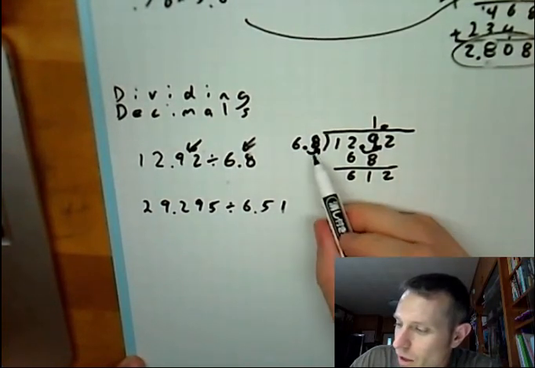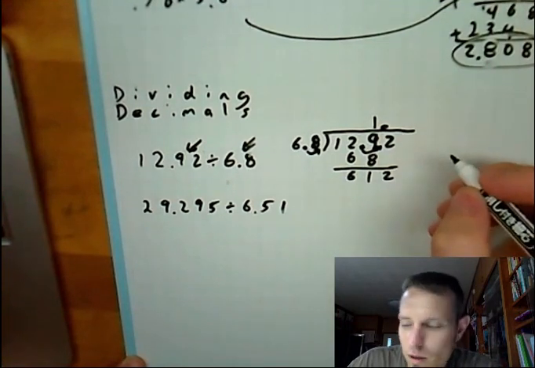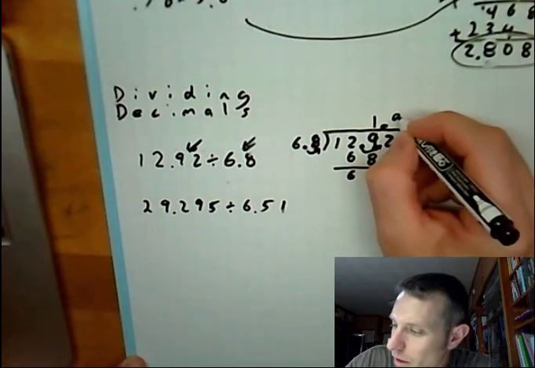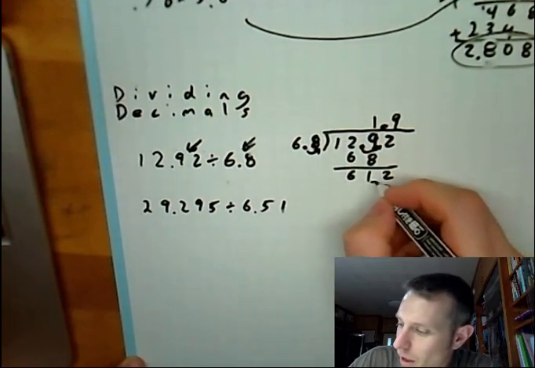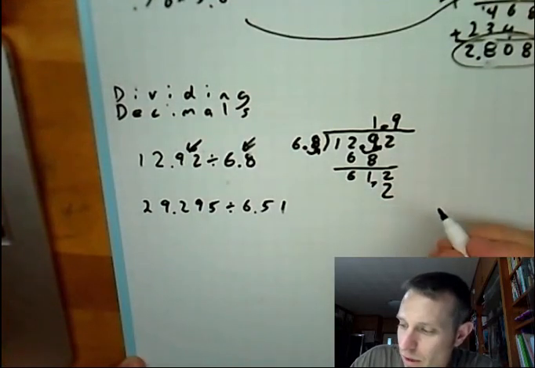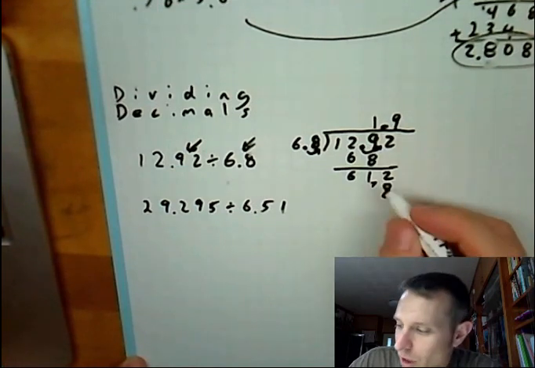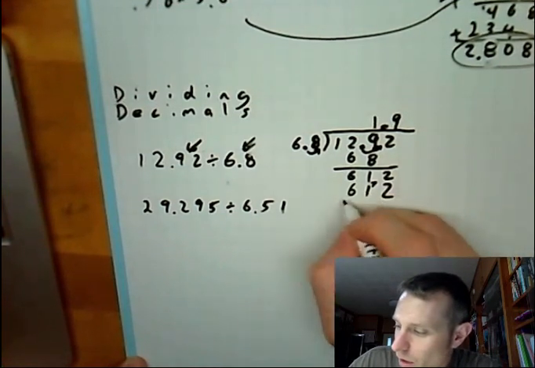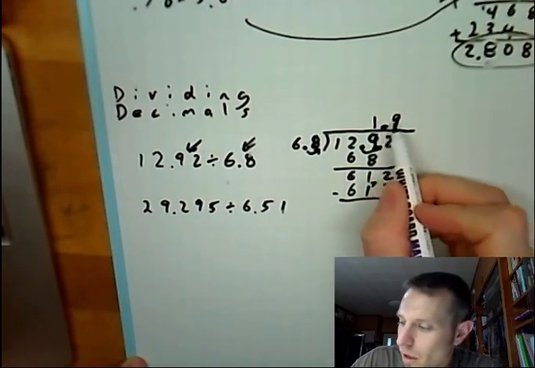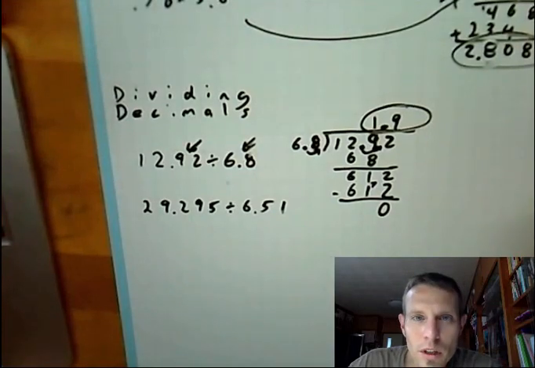And so how many times does 68 go into 612? Well, I think that's going to be 9 times. 9 times 8 is 72. 9 times 6 is 54. And 54 plus 7 actually gives us 61. So we're left with 0 as a remainder, and our answer is 1.9.